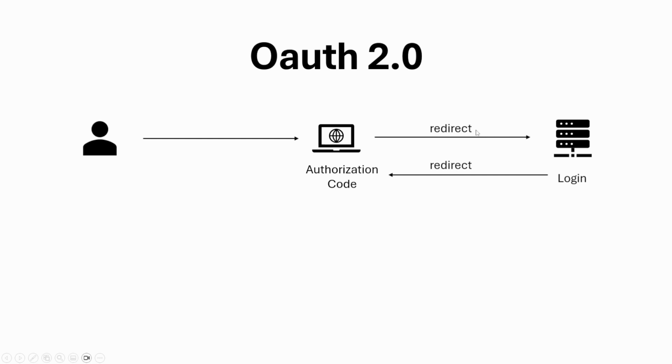So we need to pass many variables in the redirected URL, but we're going to analyze all these variables later. I will use the Google authorization server here, but you can do that with any authorization server you want. It's almost the same process, because all of these servers use the OAuth 2.0 protocol. Let's do that.